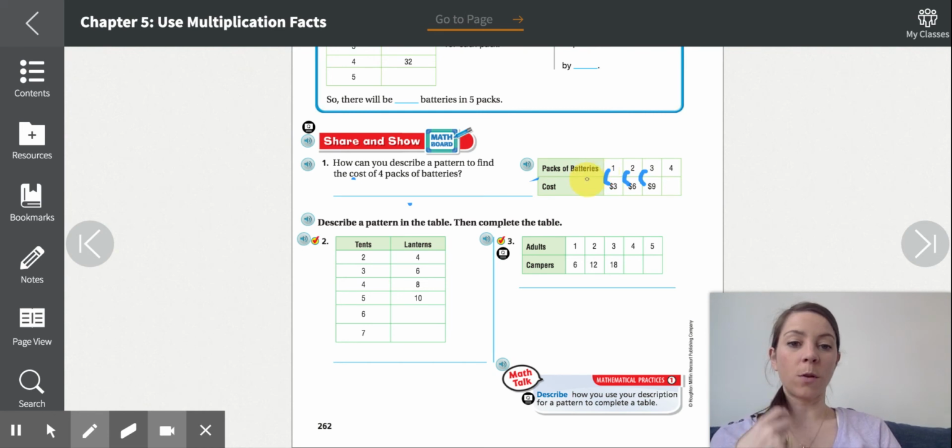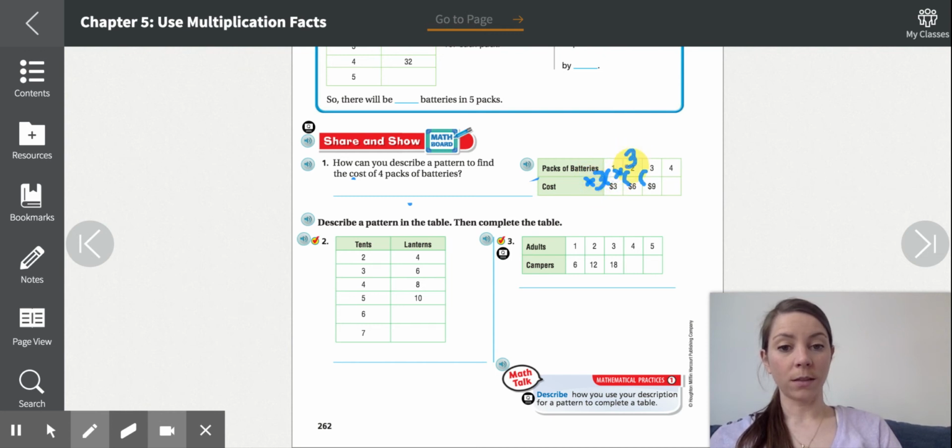So let's try multiplication. 1 times 3 is 3. 2 times 3 is 6. 3 times 3 is 9. So the pattern going down is you multiply by 3. Now, what am I multiplying by 3?